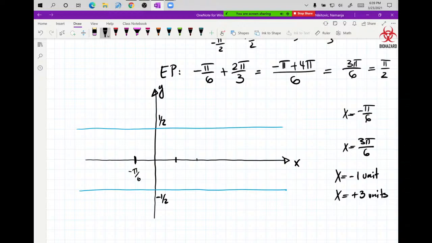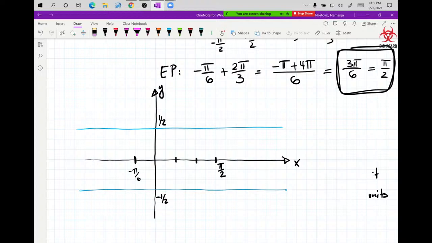So 1, 2, 3 tick marks is where my 3 pi over 6 is, which is actually pi over 2. We see that there. So I went 1 tick mark to the left and 3 tick marks to the right, and now I just need to complete that box. Boom, boom, and the cosine function is trapped in here.